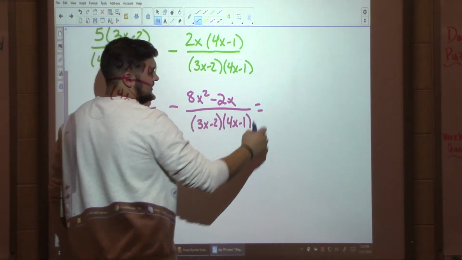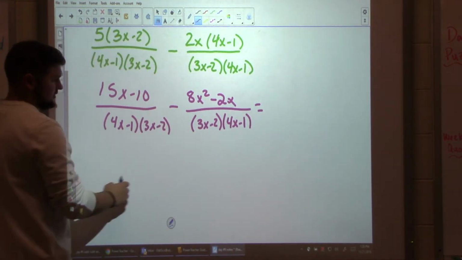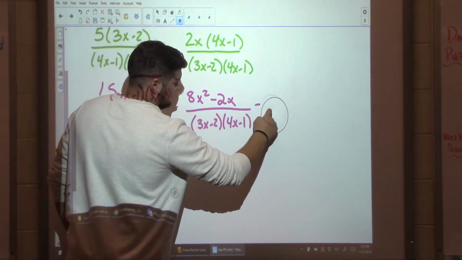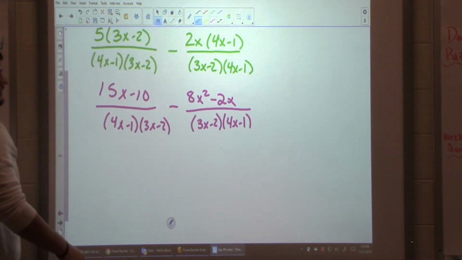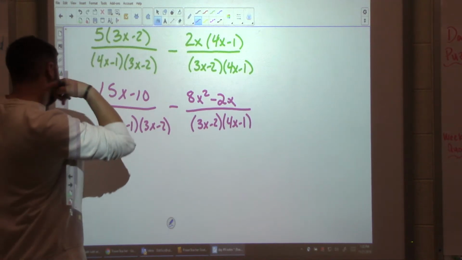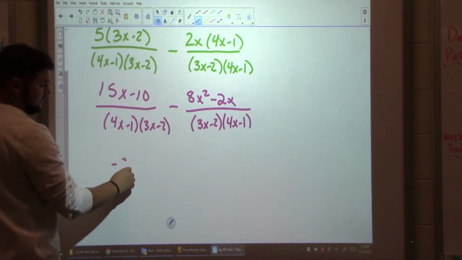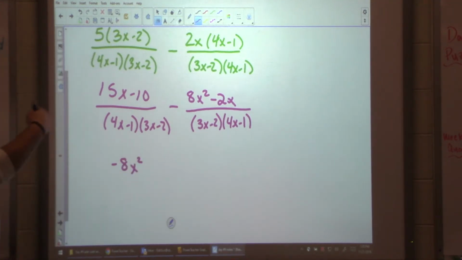Once you've distributed, combine your like terms on top. If I rewrite this, I get technically minus 8x squared. I always like to put my x squared part first. Does it matter what order you put them in? No, but for factoring purposes, it's always nice to have that x squared part first.